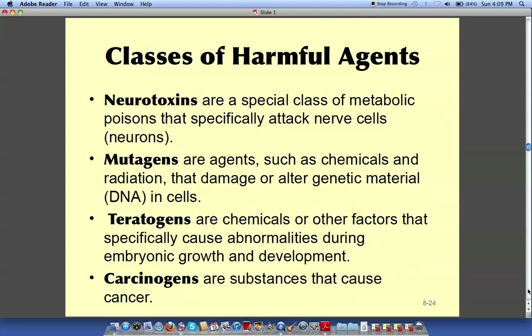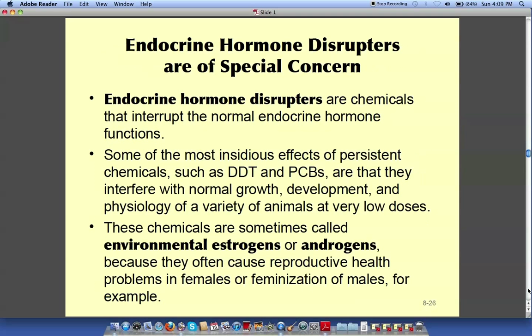So all sorts of things, different types of what specific classes these poisons are in. You can read through those.